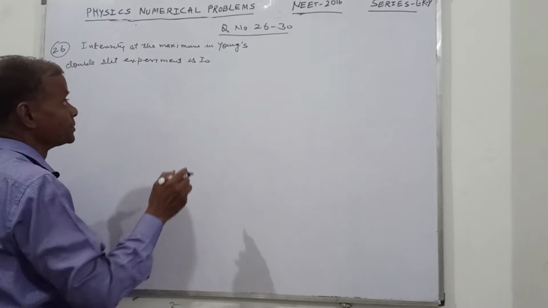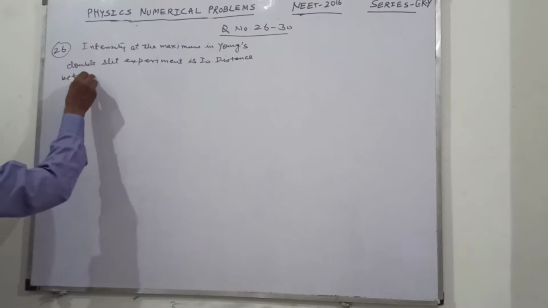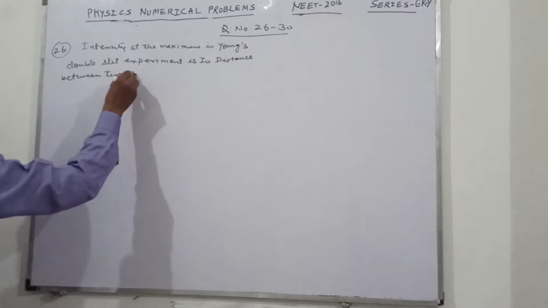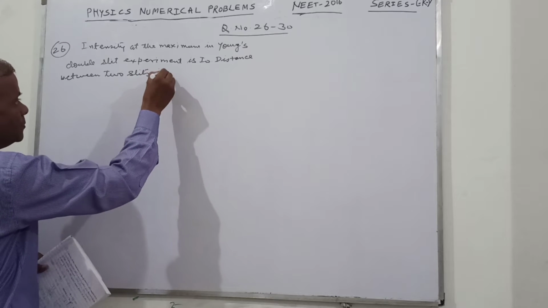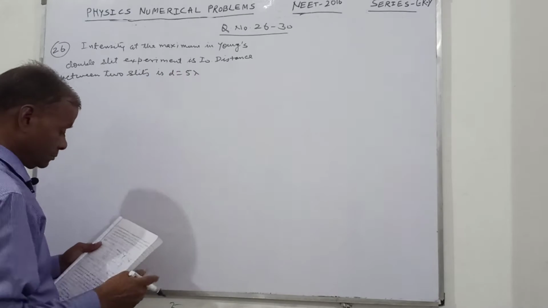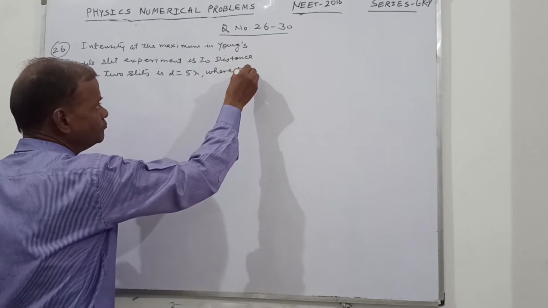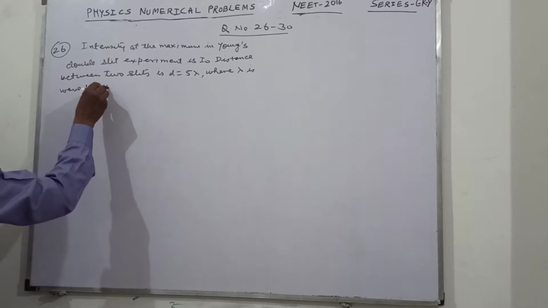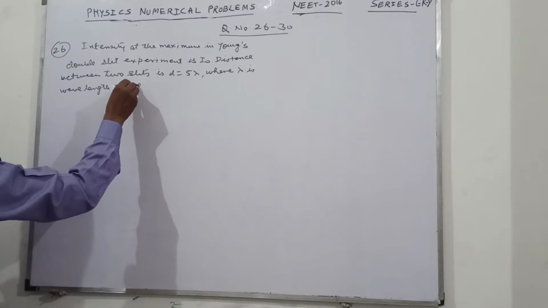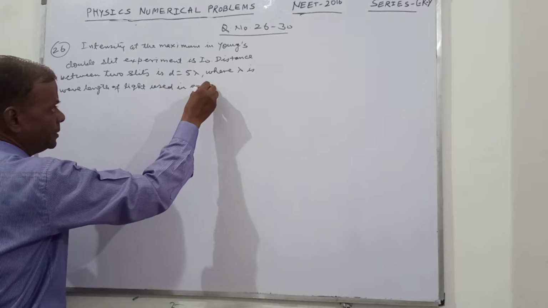Distance between two slits is d equal to 5 lambda, where lambda is the wavelength of light used in the experiment.